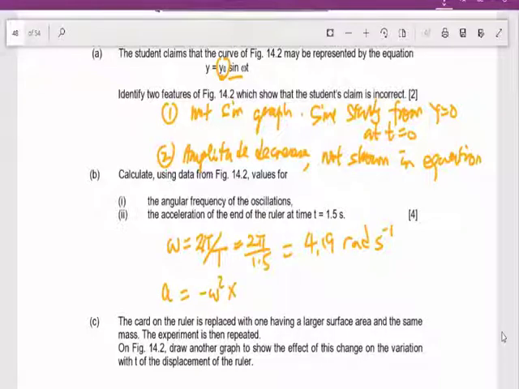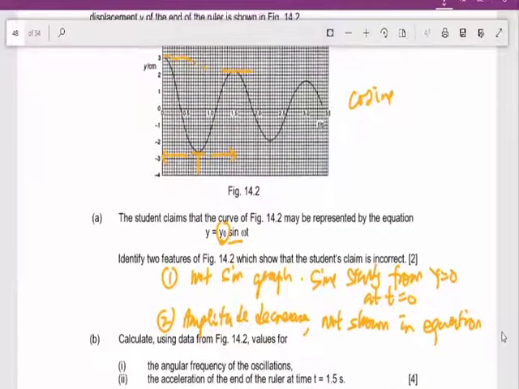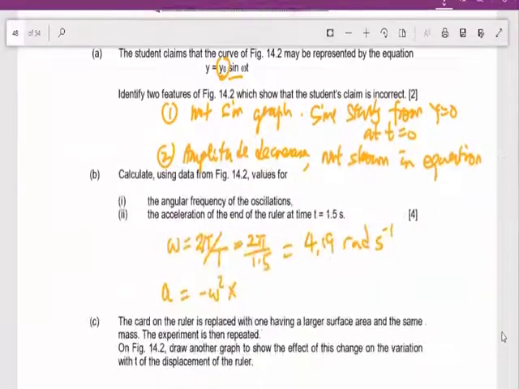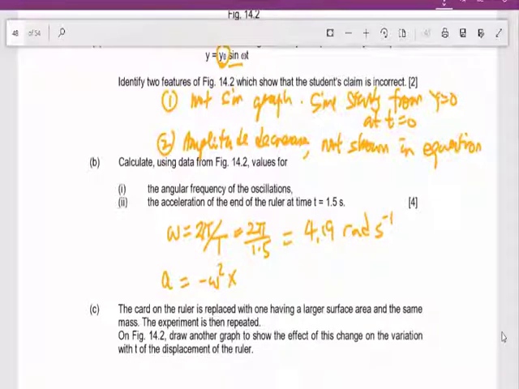Now, at t equals 1.5, what is the value of the displacement? If you read from here, the value of displacement at 1.5 second is 2.2, right? 2.2. Okay, so x equals 2.2 at t equals 1.5.